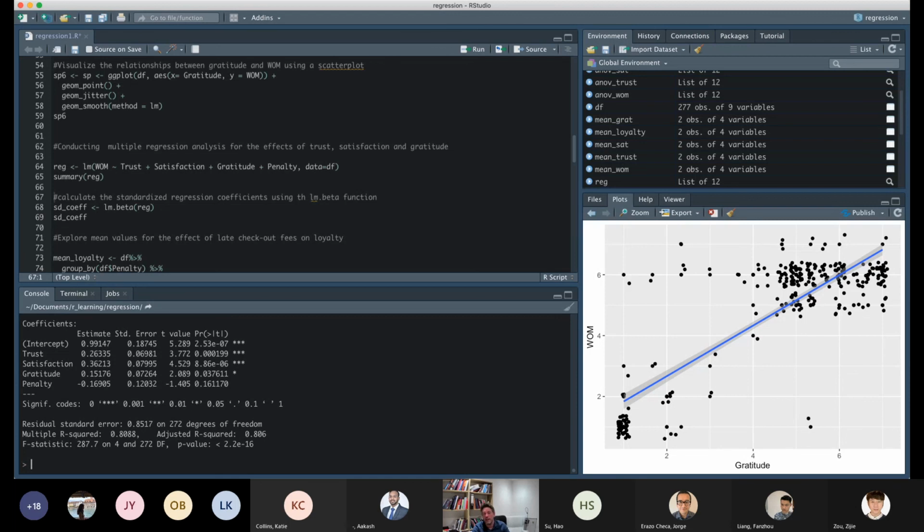Let's assume you check out late, and the service employee says, oh, you're a few minutes late, usually you have to pay £50 now, or half a day, whatever. But I cancel it for you today, because you are a special customer. The funny thing is, this little thing has a significant positive effect.